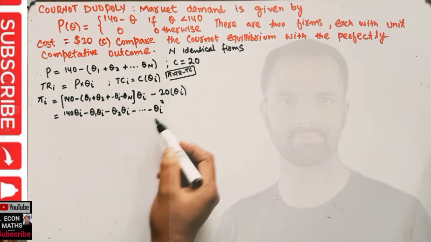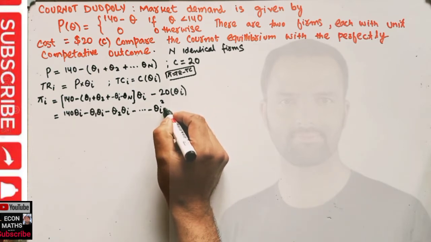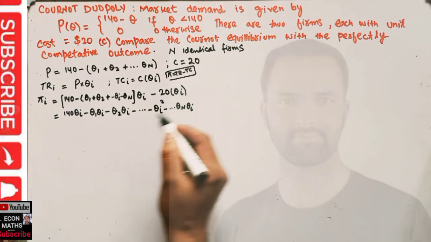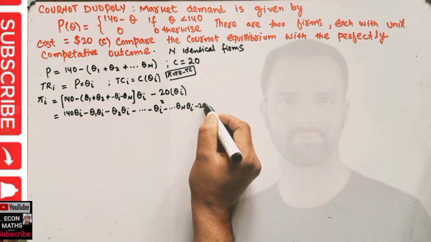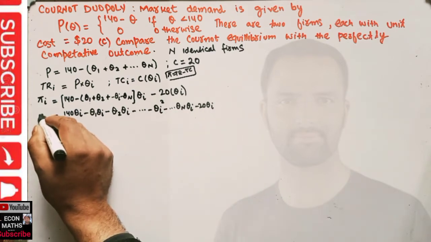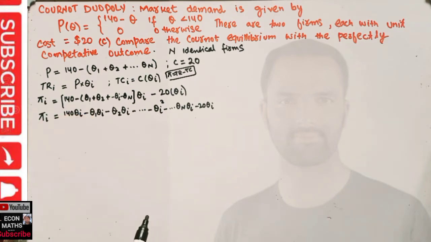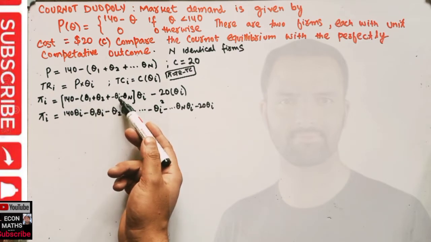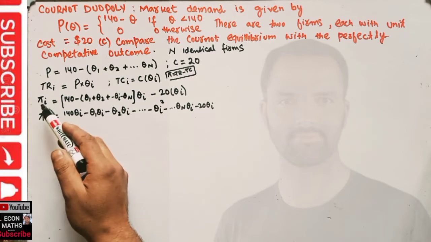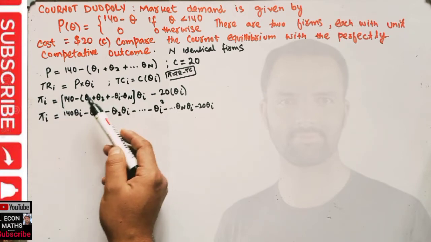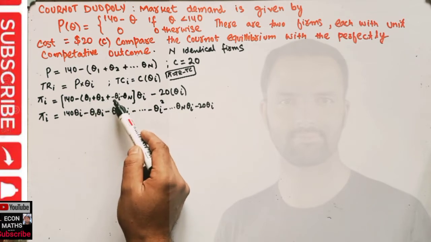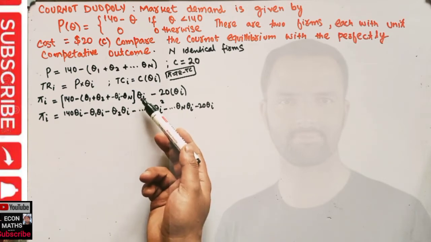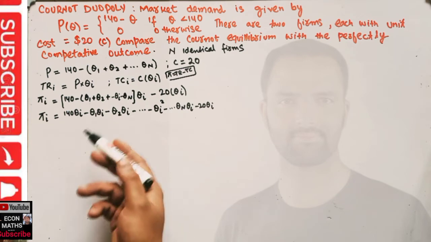Since we want to find the profit for the ith firm, the firms are Q1, Q2, and so on, one firm will also be Qi, up to Qn. So I multiplied Qi with Qi to get Qi squared, minus up to Qn Qi, then we have 20 Qi. This is our profit function.